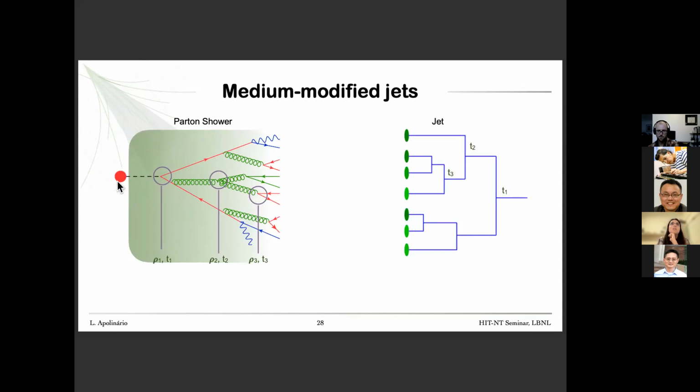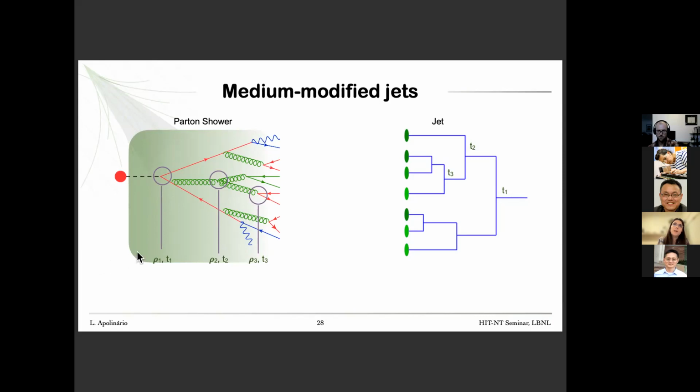Now the question is, if I have a parton shower developing on top of some medium that is evolving, this means that if the scale at which an emission occurs carries information about the medium, it carries information about the local intensity of the medium at this point. And the same for here and the same for here.